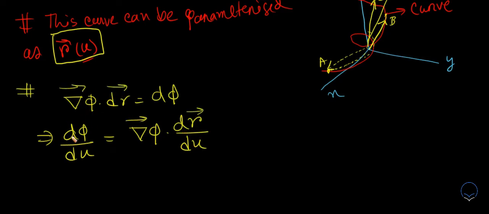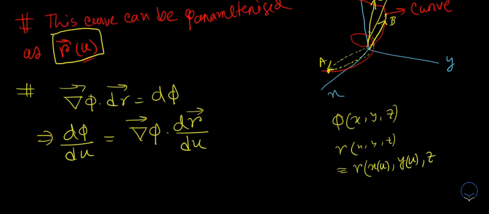Okay, so you might ask, why am I doing this, and how does this even make sense? Because we told you that phi is a function of x, y and z, right? So how can you differentiate with u? Note that since this curve has a parameter u, and this curve is also in this 3D space, our curve will actually be a function of x, y and z. But since we can parameterize the curve with only one parameter, and that is u, instead of writing x, y and z, we're going to write r of x of u, y of u, z of u.